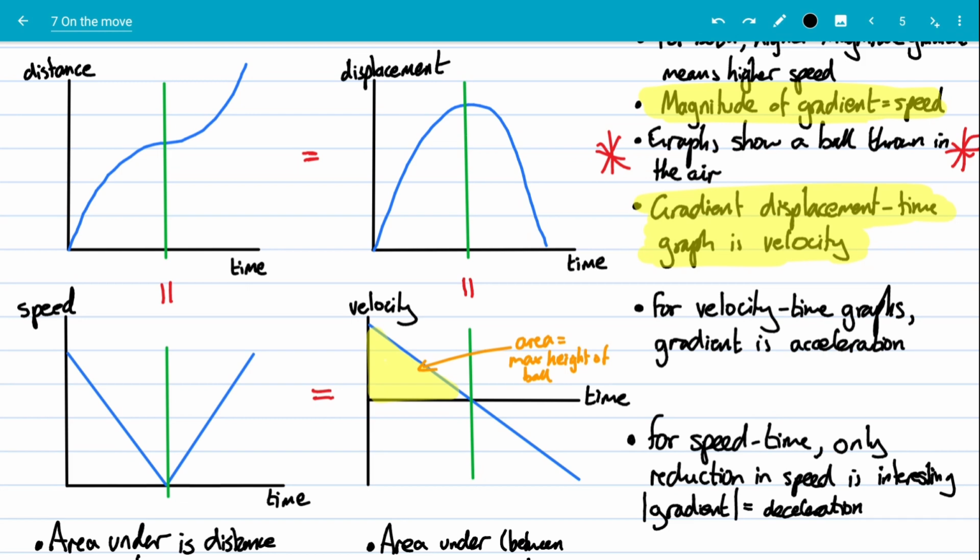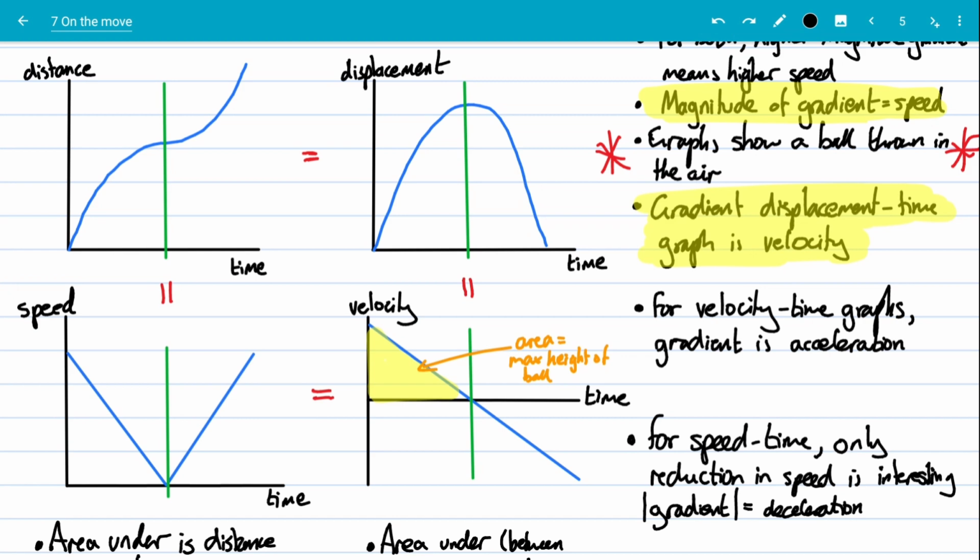If you have a ball that's bouncing, then you might have negative velocity to start with if the ball is descending at the start, but it might not reach the same height. And you'll know it won't reach the same height because the area after the bounce will be less than the area before the bounce. And you could even calculate those areas and use that for the displacements.